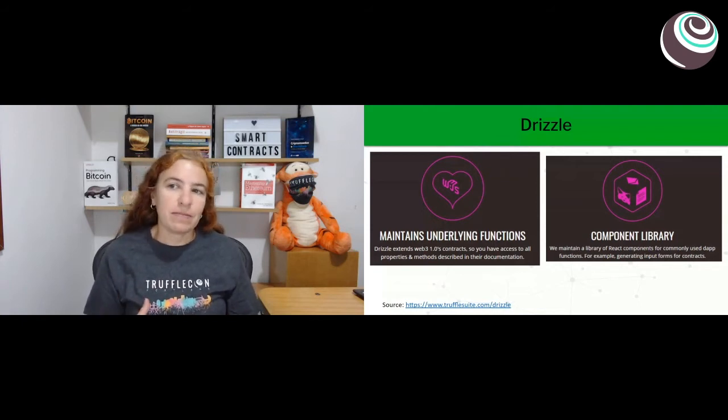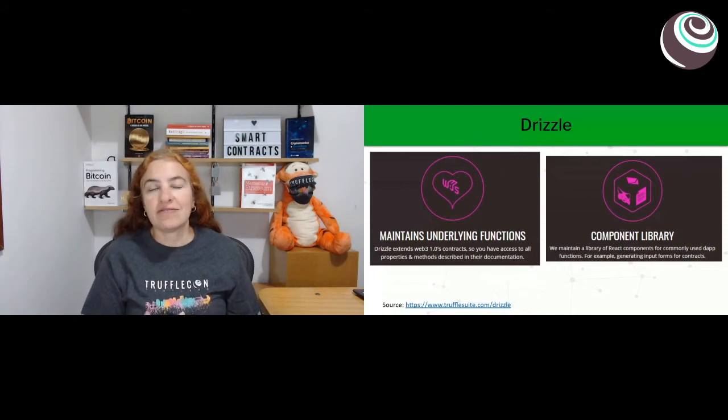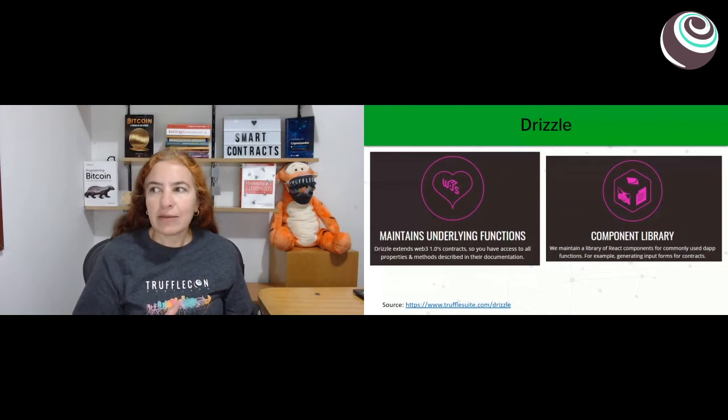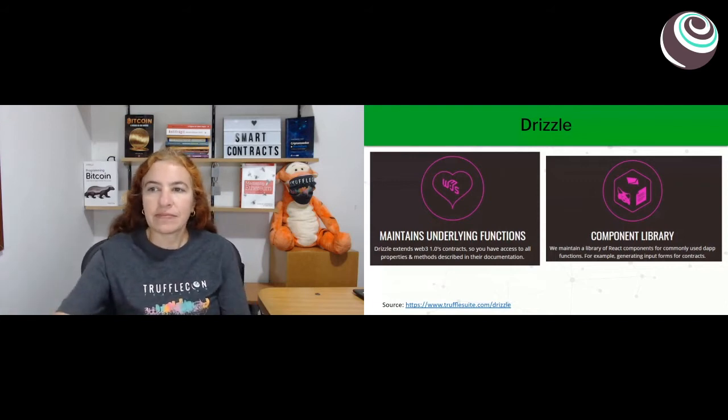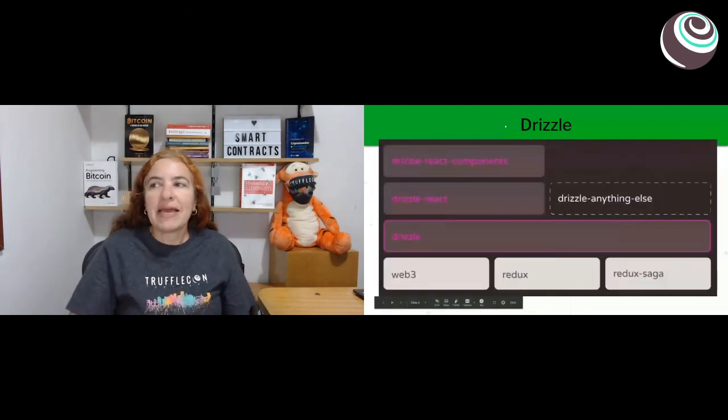So we have access to all properties and all methods from Web3. It's very easy. And also we have a component library for use with dApps. This is the basics of Drizzle.